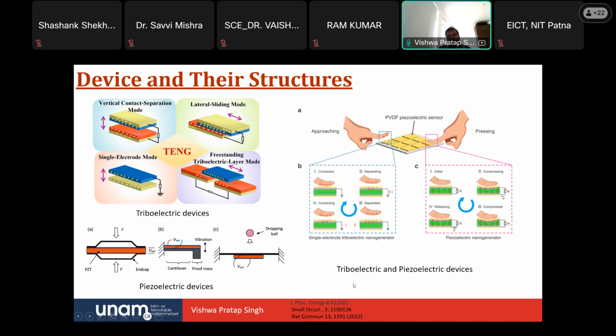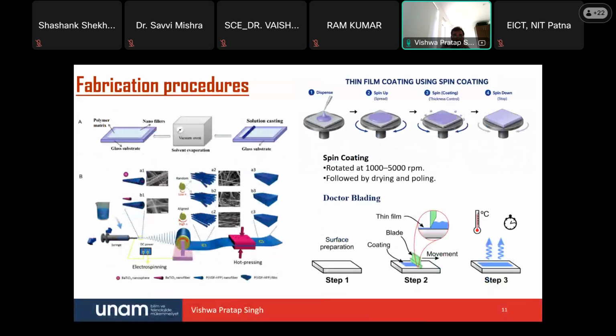So triboelectric is better for tactile sensing, and we will see how this works, how efficient it is, and also for what purpose we will use piezoelectric in case of wearables.